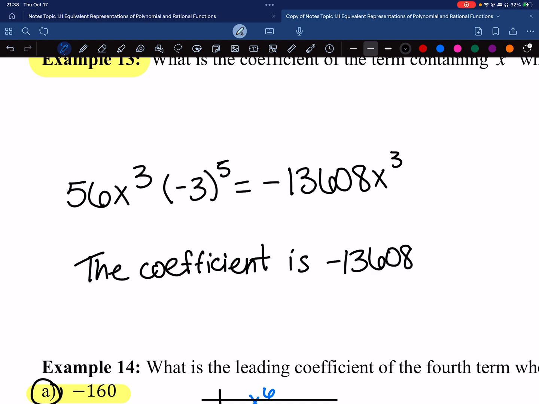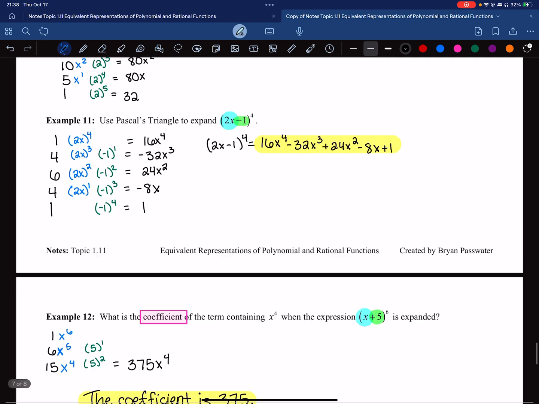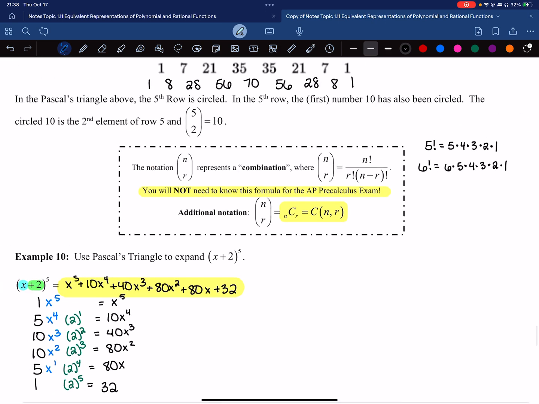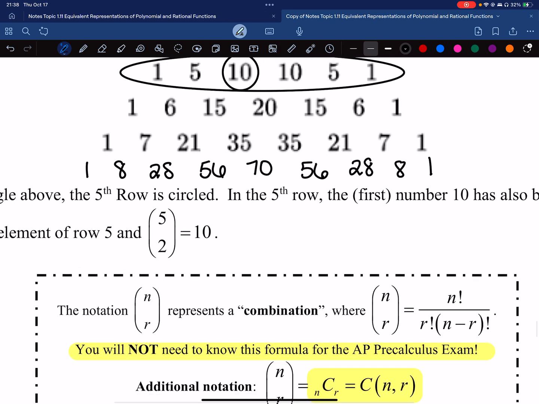-13,608. So what would the calculator do, and what I was talking about earlier, is if you knew what element you were looking for. In this case, remember, this is element 0, 1, 2, 3, 4, 5. We were looking for element 5.